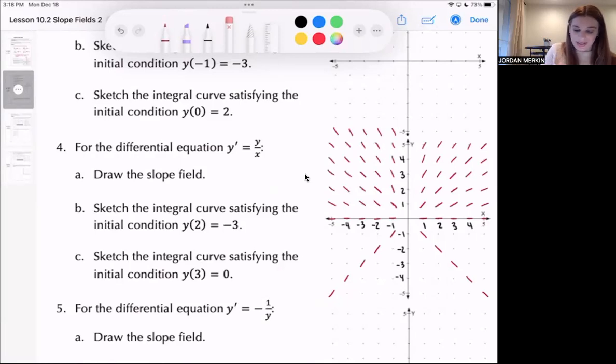Oh, whoops, I went all the way into that one. Okay.